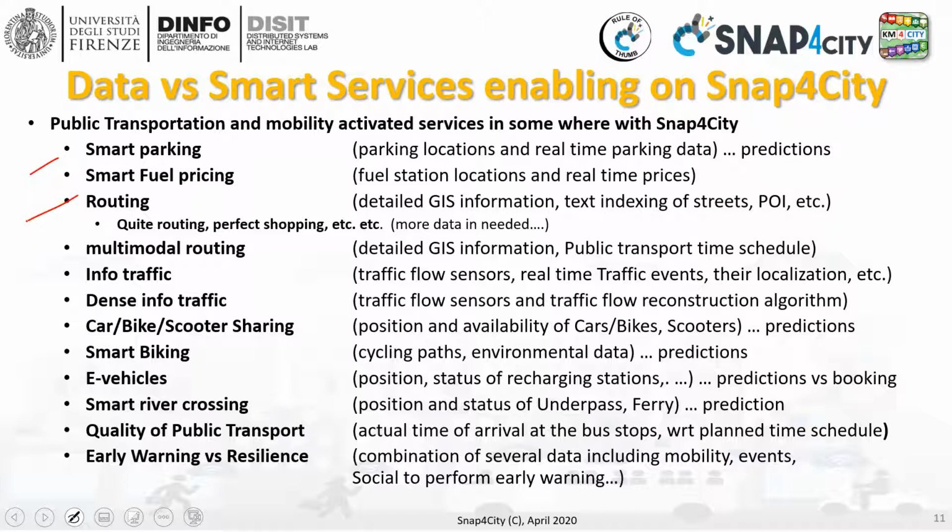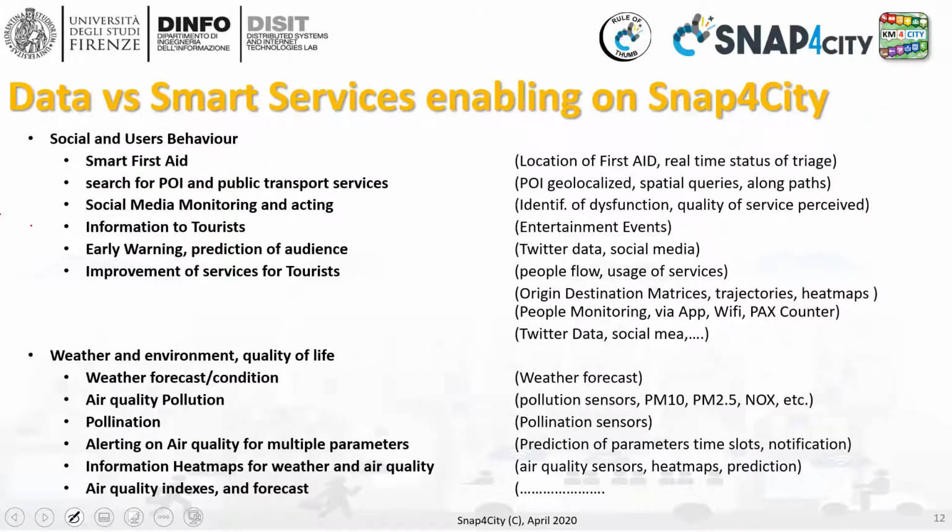So we have a large experience in implementing those kind of smart services that can really make a difference in immediately identifying in a snap sites with a similar data. This was mainly on public transportation. The second one is related to the user behavior, to the weather and environmental, etc.